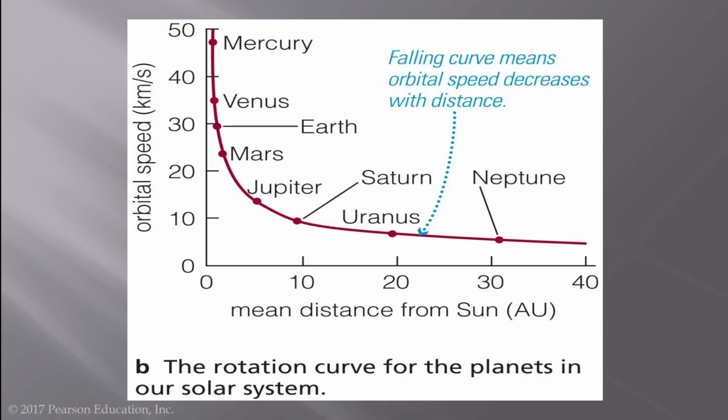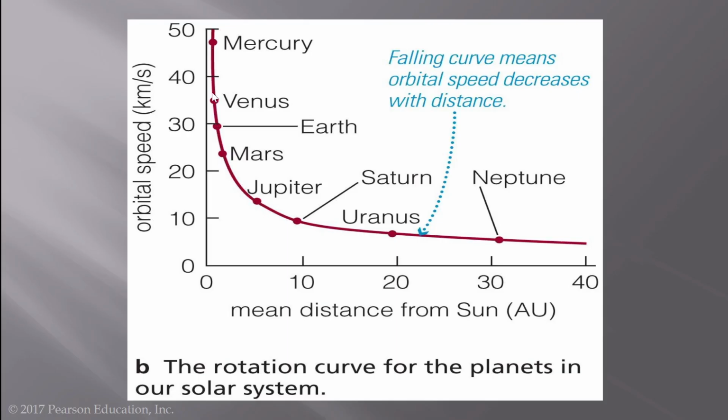In terms of how to understand this, let's look at a rotation curve a little bit closer to home. This is the rotation curve of planets in our solar system. And you can see that Mercury has the fastest, really, we would say revolution speed or orbital speed. So Mercury orbits the sun most rapidly, Venus orbits the sun a little bit less rapidly, and so on for each of the planets.